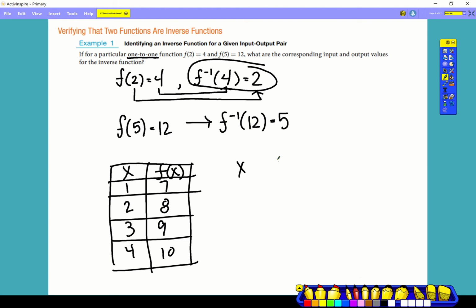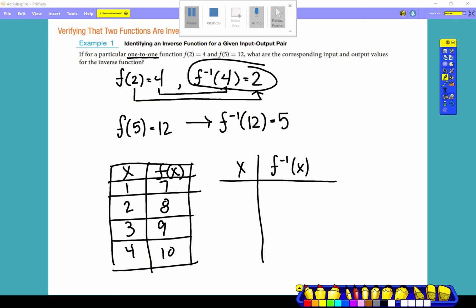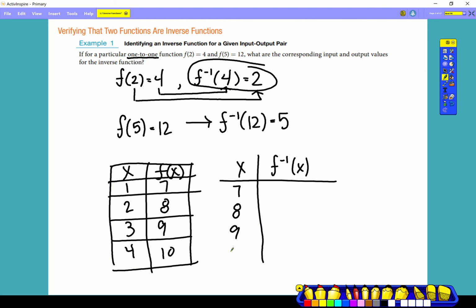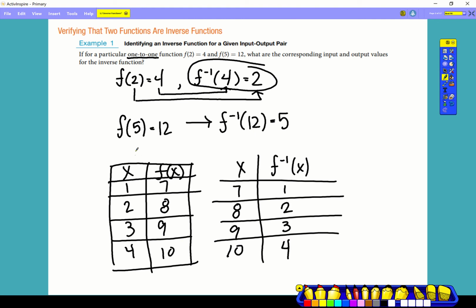So I'm going to have x and then f inverse. Now my inputs are going to be my f of x's, and my outputs are going to be my original x's. So this is the original, and this is the inverse of the original. So it flippy floppies.